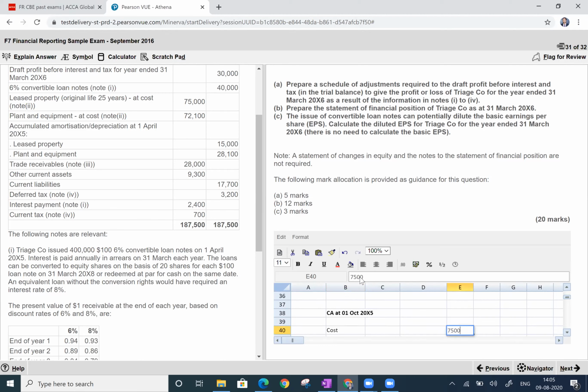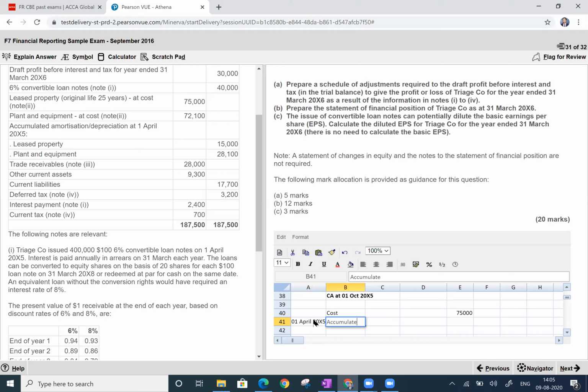Cost is 75,000. Now, what have they given? They have given information regarding accumulated depreciation at the beginning. Accumulated depreciation on 1st April 20X5 for leased property is 15,000.